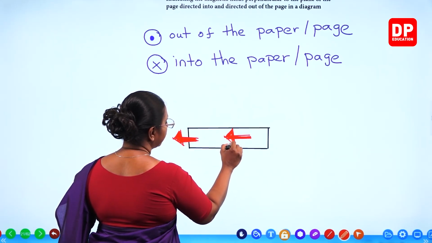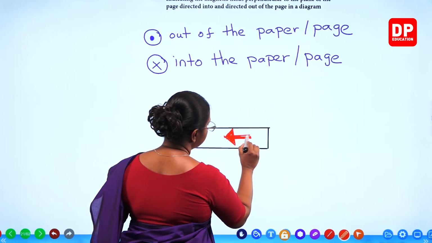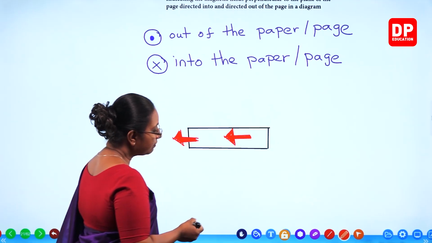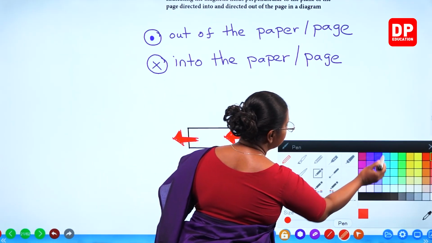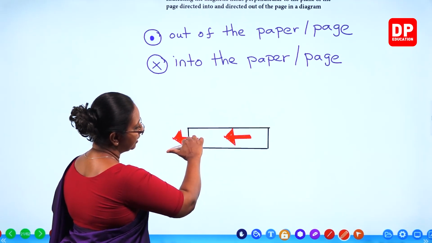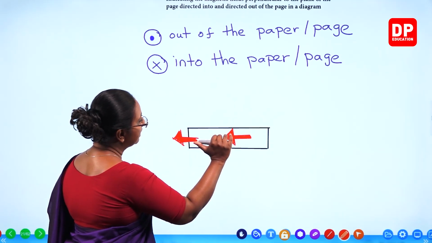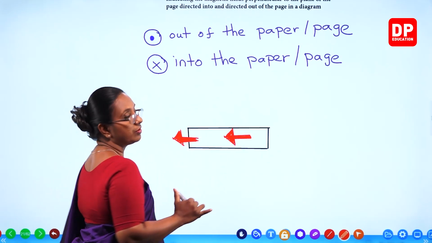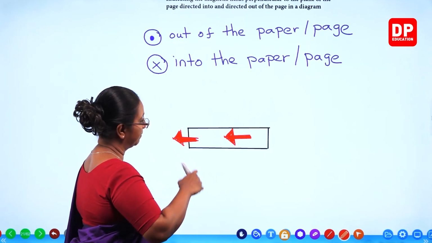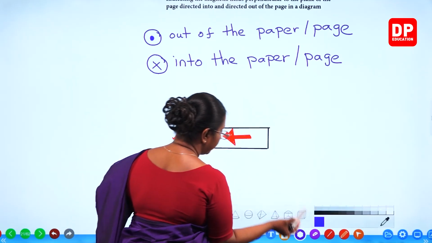Earlier the current flow was in that direction. Now the current flow is in this direction. So if we use the right hand grip rule, what do you think? The thumb has to point this way and the field lines above are going into the paper, below they are coming out of the paper. So how do we denote that?